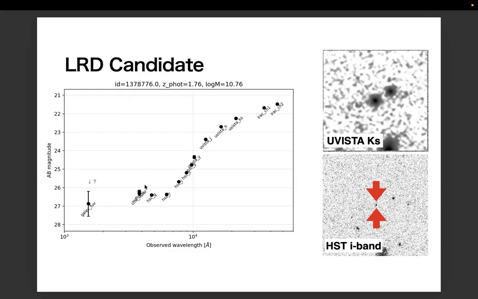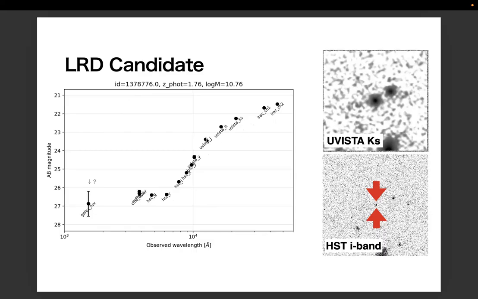This is the SED for it. This is the rest-frame UV, and this is the rest-frame optical, and you see a blue and a red part. Interestingly, it has a slightly fainter mid-infrared, shown at 3 micron and 4 micron observed. It looks like a black body when you see it with your eye.